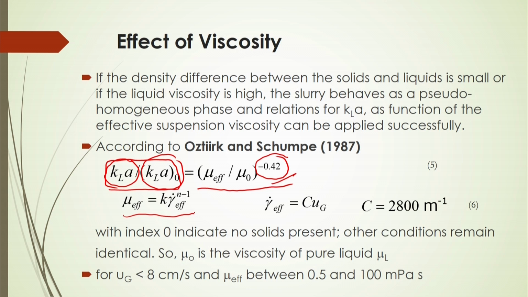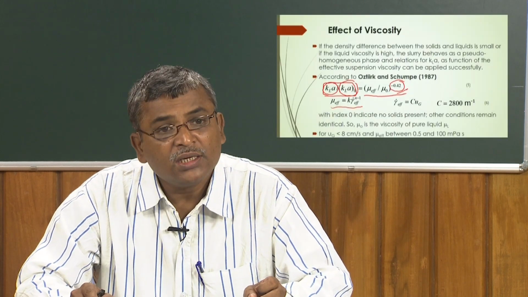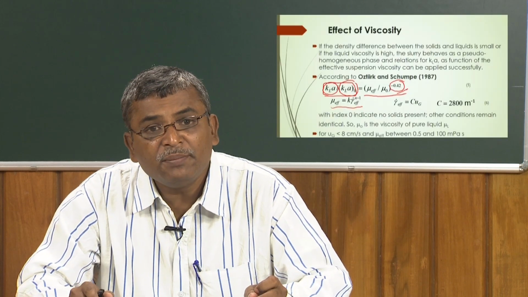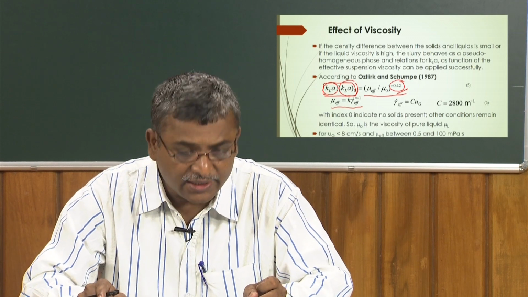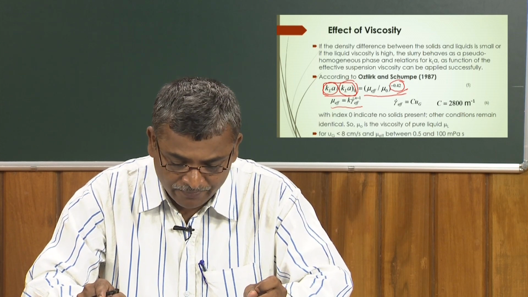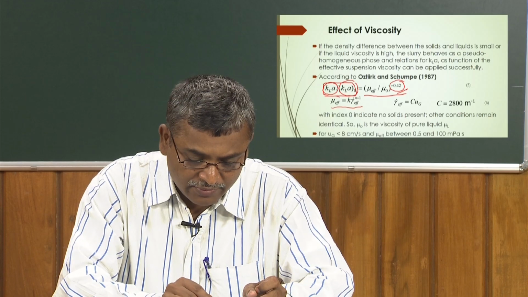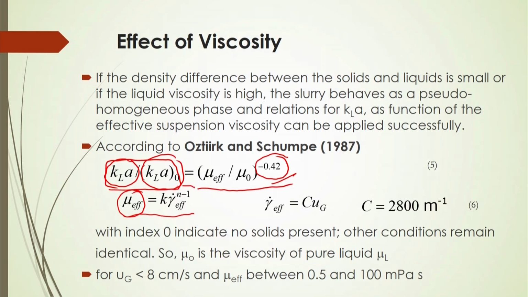This effective viscosity is generally represented for the non-Newtonian behavior of fluid. Now, slurry generally behaves like a non-Newtonian fluid. So, in that case this effective viscosity will be represented by the shear rate. So, this is directly proportional to the shear rate to the power n minus 1, times k.